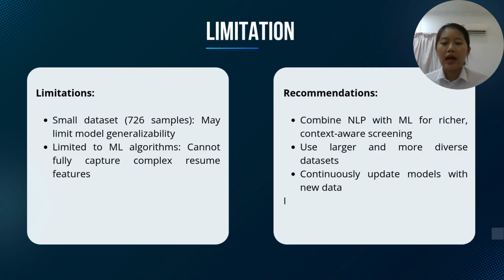To improve this, I recommend integrating natural language processing, NLP, to extract and analyze resume text with numerical data. Using larger and more diverse datasets and regularly updating the models can also ensure accuracy over time.